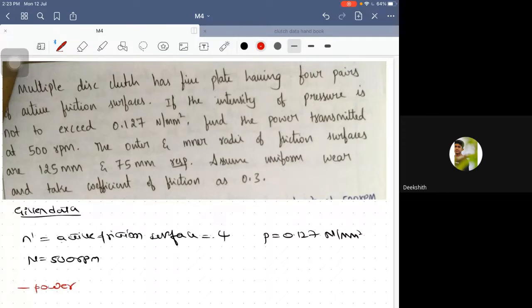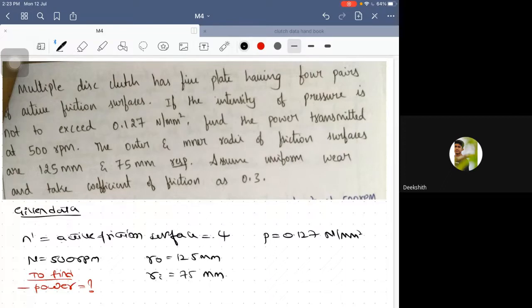Next, the outer and inner radii of friction surfaces are 125 and 75 mm respectively. So I will take those values as radii he has given. Please note the values: Ro is 125 mm, and Ri is 75 mm.